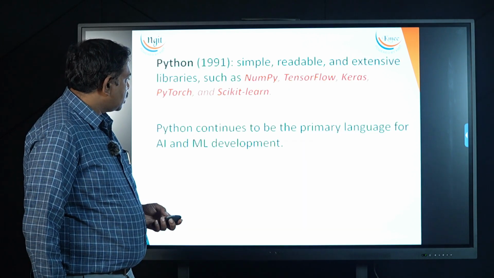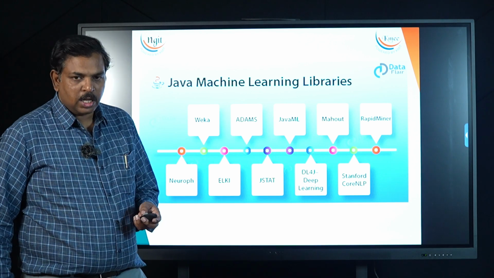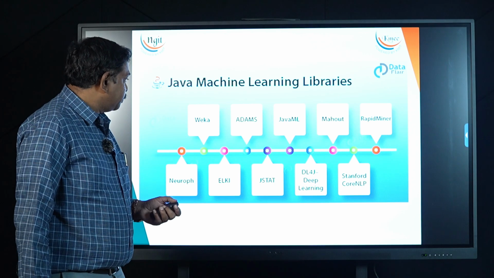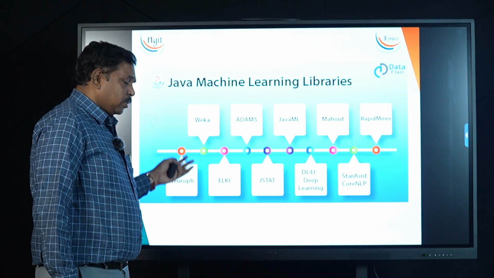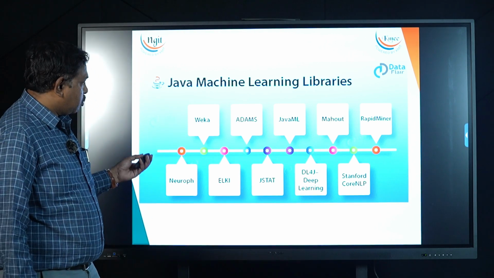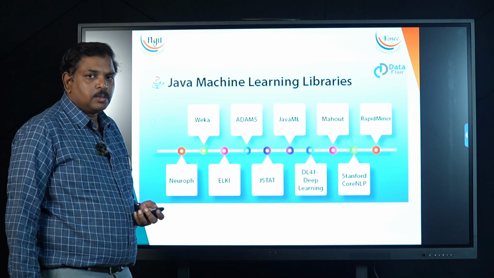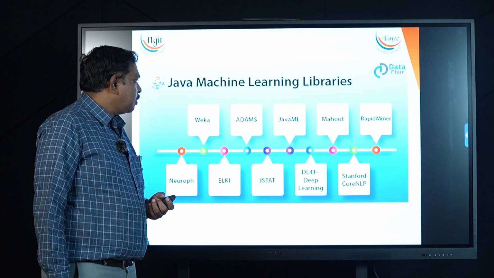Coming to Java, Java always had very high level machine learning libraries. AI developers used to develop models with Java. There are some popular Java machine learning libraries. Weka was a popular library in the earlier days of Java. For many classification, association and clustering applications, they used Weka as their core library.